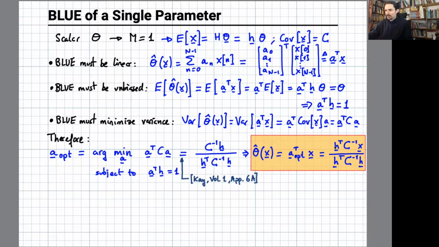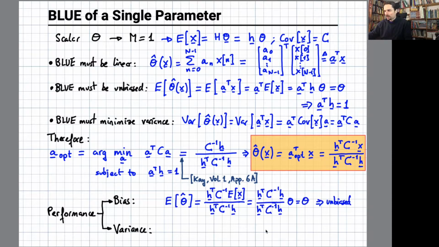All right, and just as a sanity check, we will be analyzing its performance here. Obviously, it must be unbiased if we did things correctly. But since the estimator is linear, we can just compute the bias in a straightforward fashion, right?